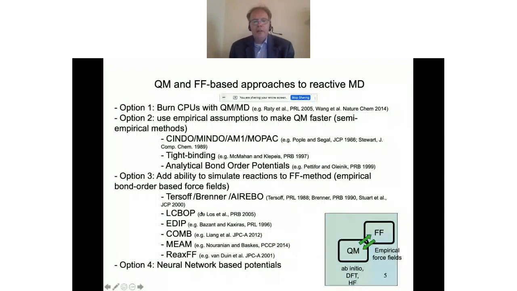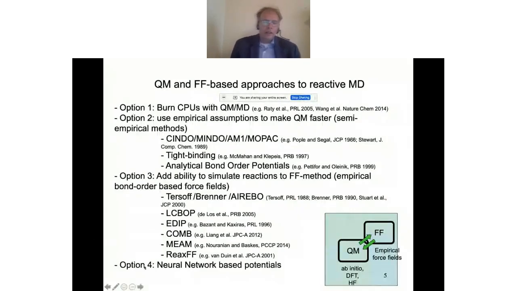This is sometimes called the first generation of reactive force fields. This was followed by second generation reactive force fields that also included non-bonded interactions and polarizable charges and other types of more sophisticated functional forms. This includes the MEAM method by Baskes and co-workers, the COMB methods by Susan Sinnott and her collaborators. And then ReaxFF falls in that particular category as well.